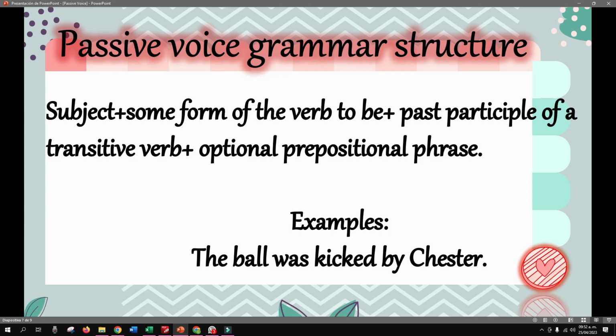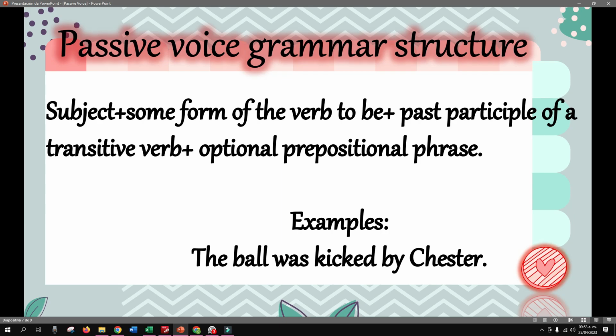Even though Chester is the one doing the kicking, he's no longer the grammatical subject in that case. In the active voice, yes, he was the subject, right? So the passive voice construction can even drop him from the sentence. So you can say the ball was kicked. If you don't want to add by Chester, that's also okay.